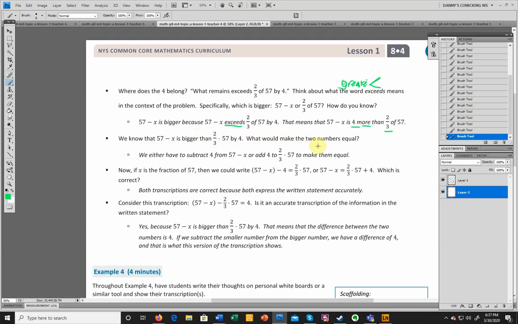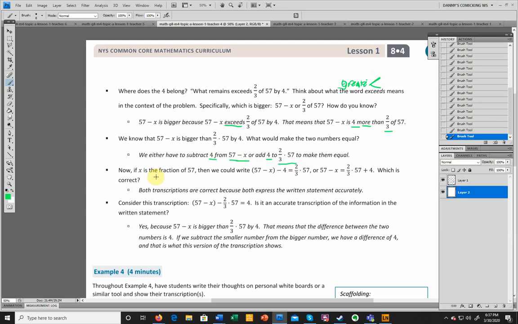What would make the two numbers equal? We either have to subtract 4 from 57 minus x or add 4 to 2/3 times 57.